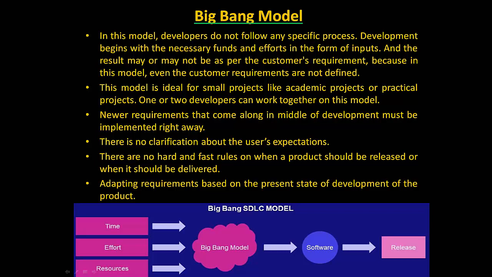And there are no hard and fast rules on when the product should be released or delivered within a certain time. Requirements are adapted based on the present state of development of the product, time, effort, and resources. So these are the three constraints taken by the Big Bang model, and you develop the software and release the software.